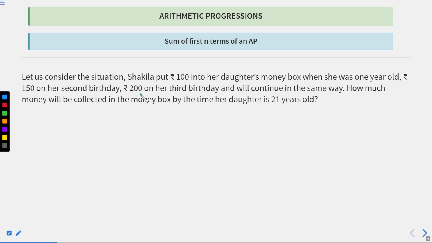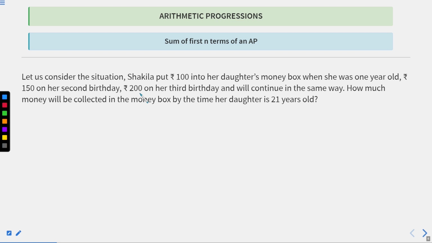Here let us consider a situation for clearing the concept of the sum of first n terms of an AP. We first introduce it by taking this example.